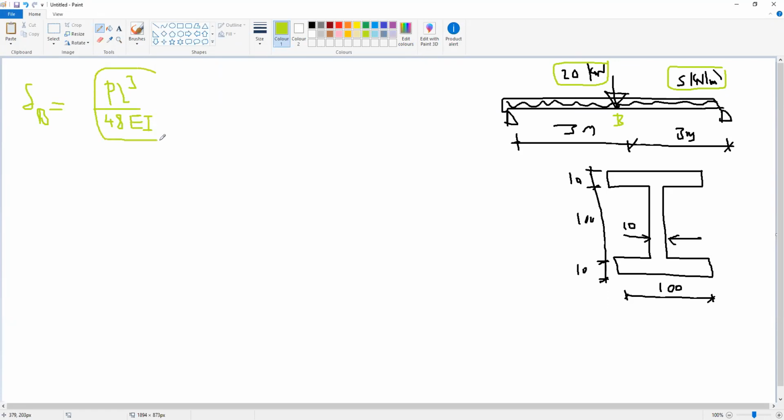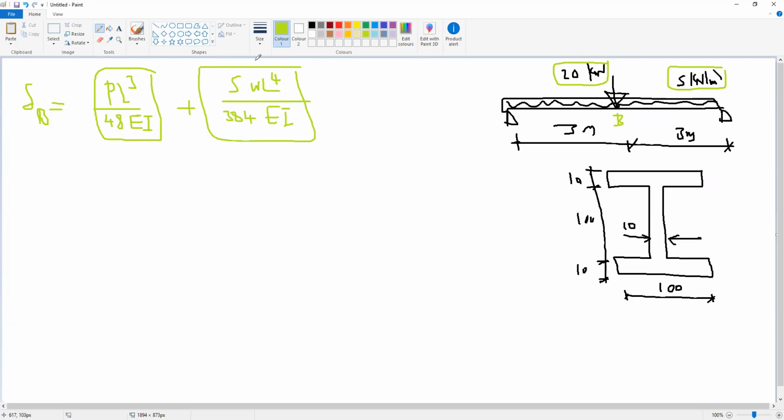This is for the concentrated load, plus for the uniform load 5 W L to the power 4 divided by 384 EI. So the final deflection will be the superimposition of the 2 terms.